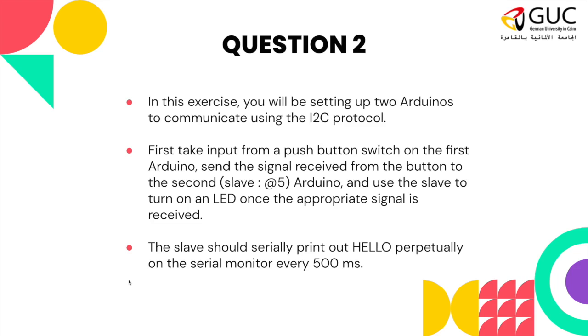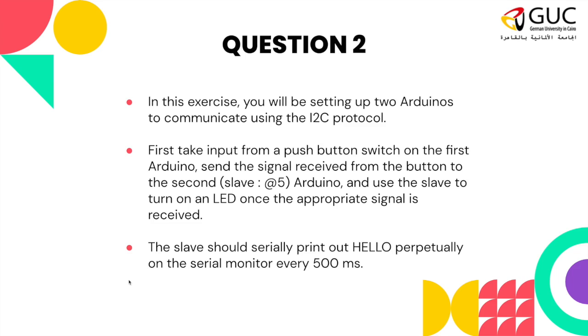So I need to create some sort of communication between the two Arduinos. Each Arduino will have its code uploaded on the board. Okay, so we have two separate codes. A code will be implemented for the first Arduino, and a code will be implemented for the second Arduino, which are different. The slave should serially print out hello perpetually on the serial monitor every 500 milliseconds.